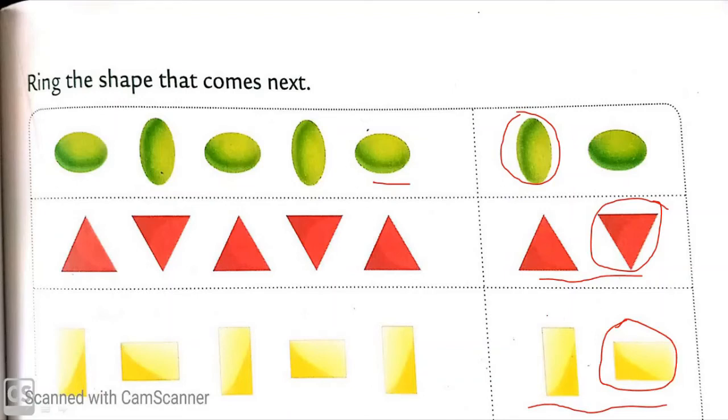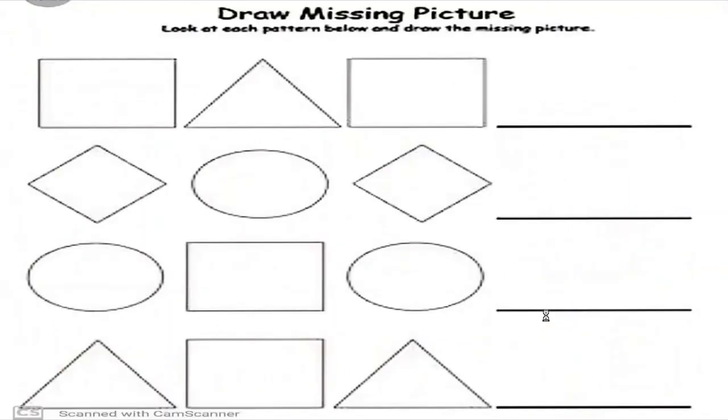Move on to the next. Now draw the missing picture. As we are learning about the pattern, my dear, look, first of all there is a rectangle, then triangle, a rectangle. Now which shape will come? Obviously triangle will come. So we have to draw a triangle. You have to practice this. I'll send it in your group.